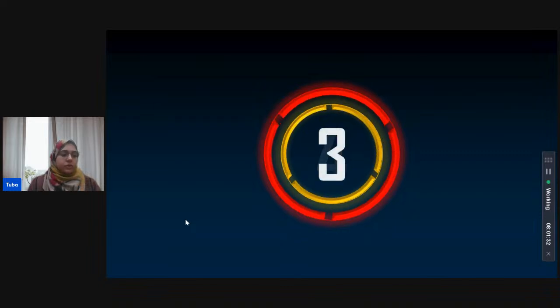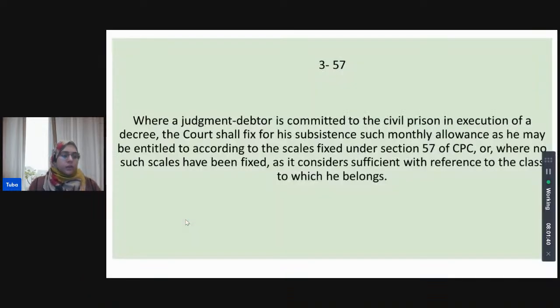All right, Vijay and Chetan think it's 57. Aditya, Shaktija, 57. Chetan is correct. Vijay is correct. So Section 57 does fix those scales.